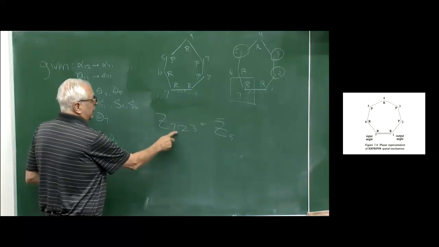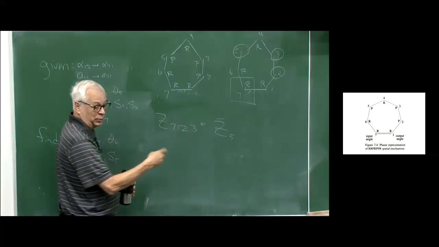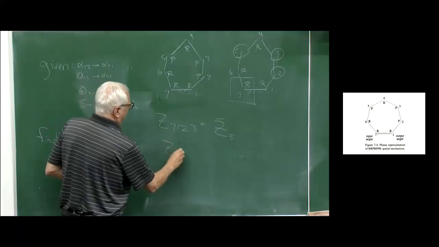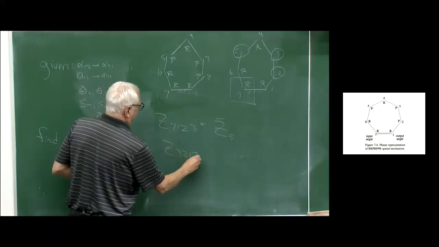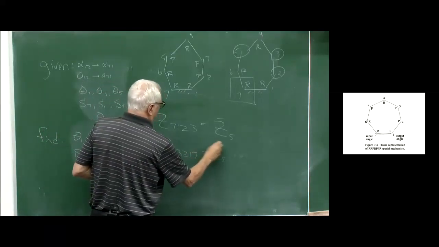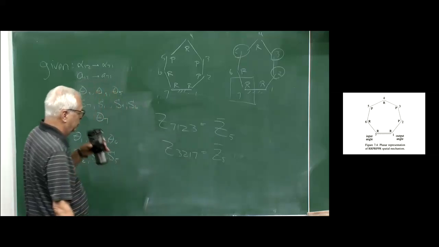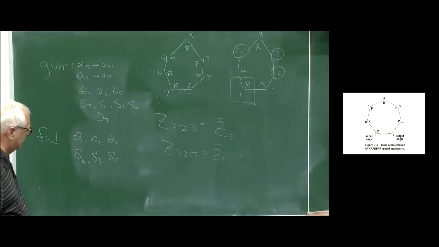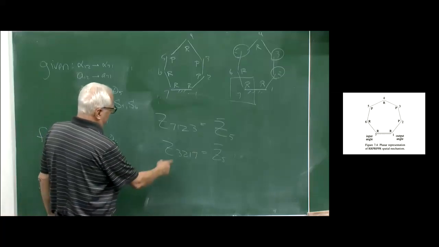Now when I expand this, I want to get it into A cosine 1 plus B sine 1 plus D equals 0. It's going to be easier if I take this equation, because the 1 will pop out sooner. Because by definition, Z7123 is identical to 3217.